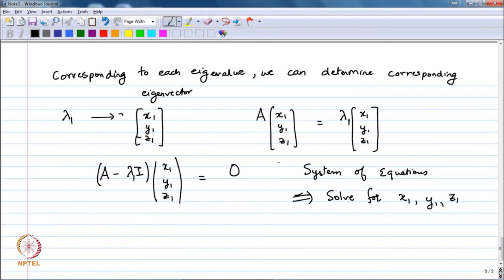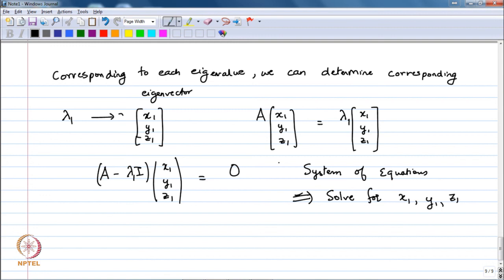Since this is a homogeneous equation, you can only determine 2 of them if you fix the third one. We will see examples of this as we go.